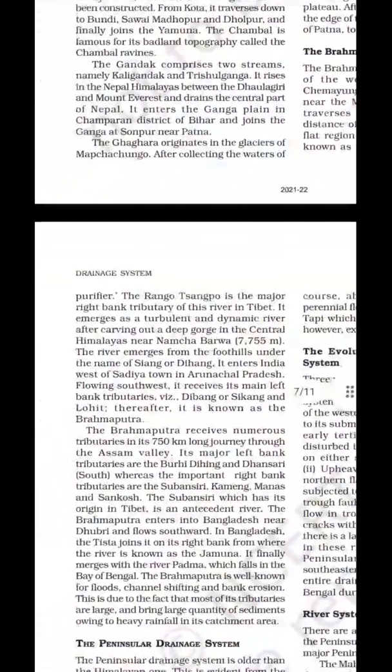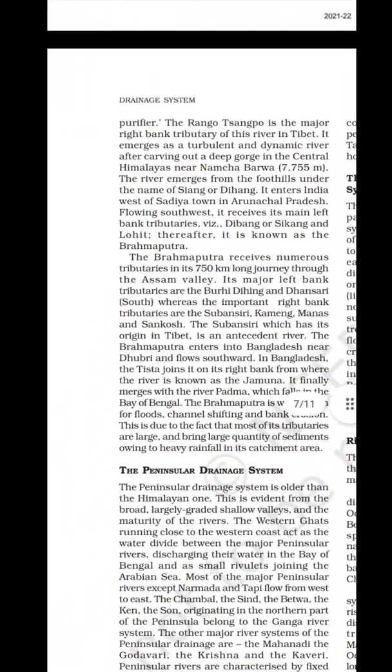The Raga Tsangpo is the major right bank tributary of this river in Tibet. It emerges as a turbulent and dynamic river after carving out a deep gorge in the central Himalayas near Namcha Barwa.